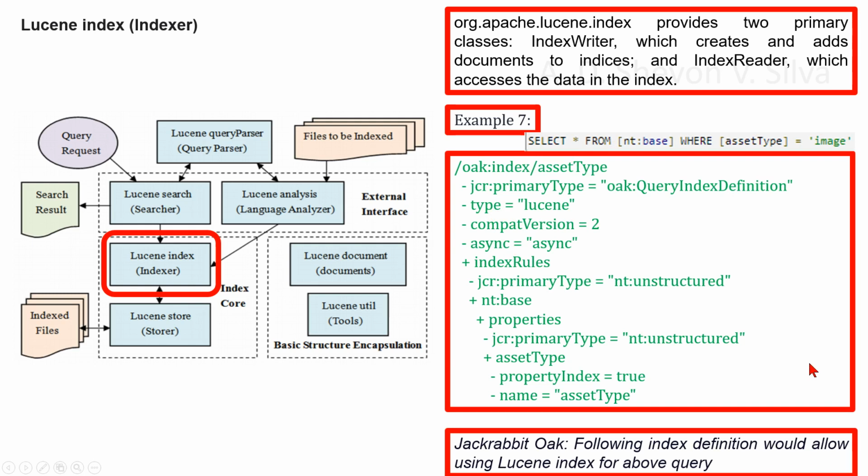Depending on the configuration of a Lucene index, it can be used to evaluate property constraints, full text constraints, or path restrictions and sorting. You can see the query here.